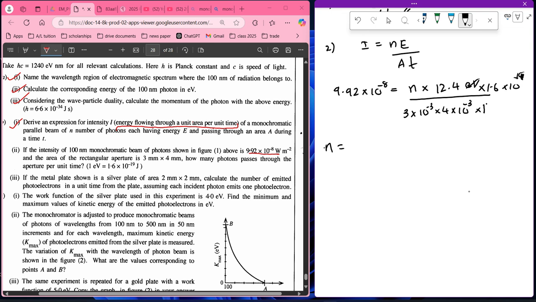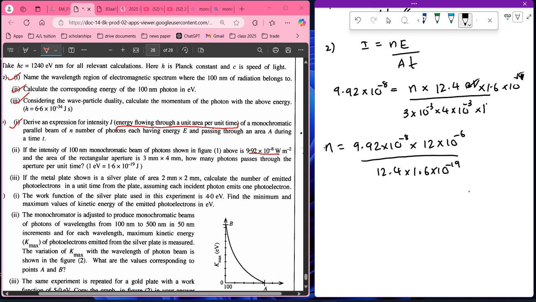We have 9.92 into 10 to the power minus 8, then into 12 into 10 to the power minus 6, then divide by 12.4 into 1.6 into 10 to the power minus 19.